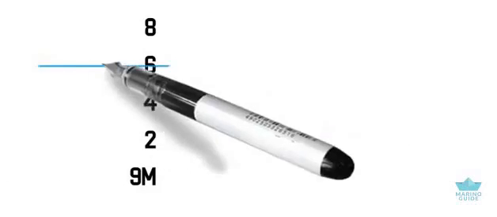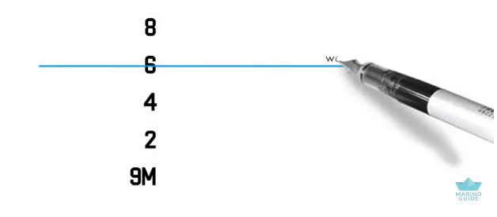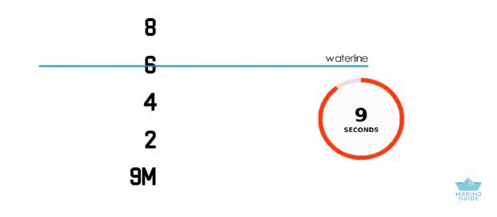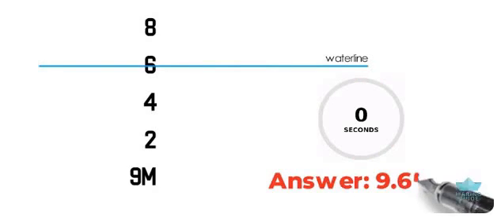Let's say that the water line is in this point. What is the draft reading? The answer is 9.65 meters.